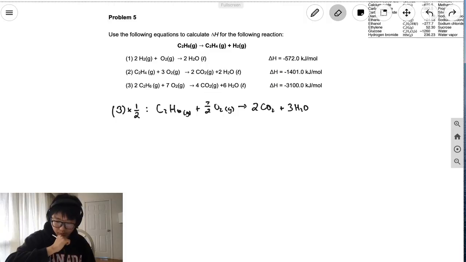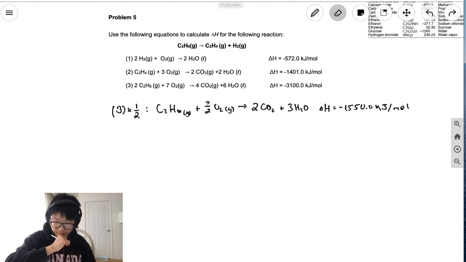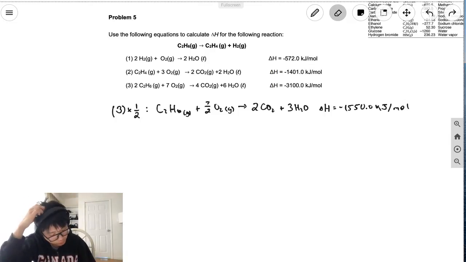Yeah, so I would put the delta H value beside them as well. Yeah, exactly. Wait, you multiply by half, no? The third equation. I keep looking at the first equation because first equation you multiply by half also.